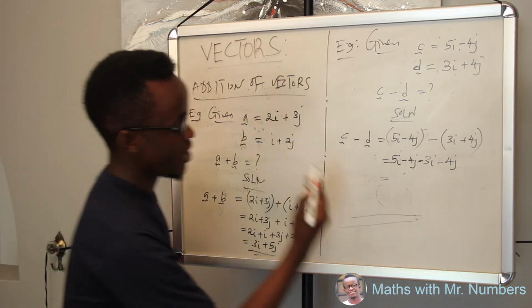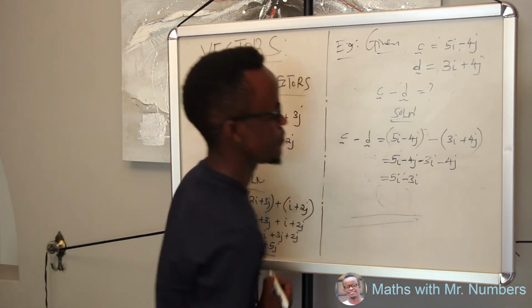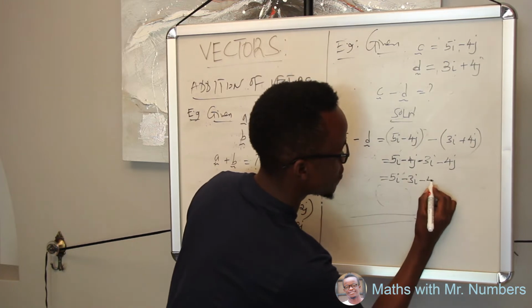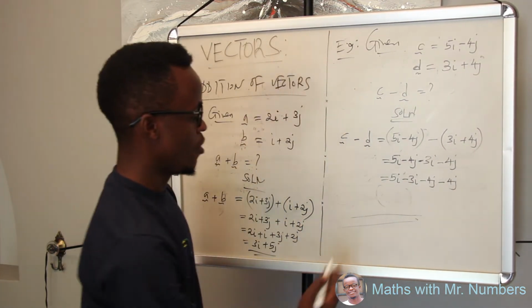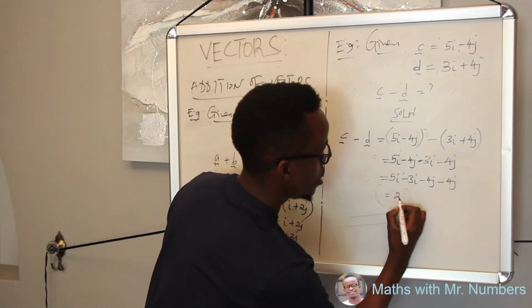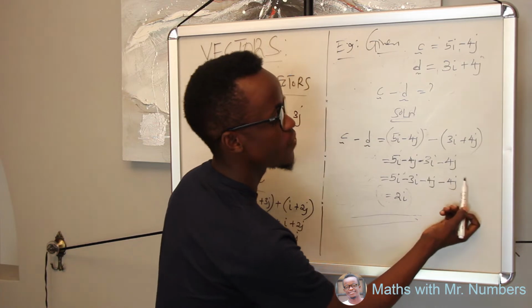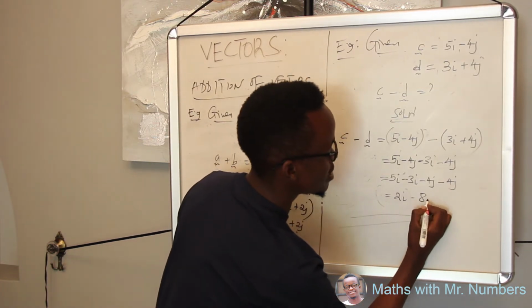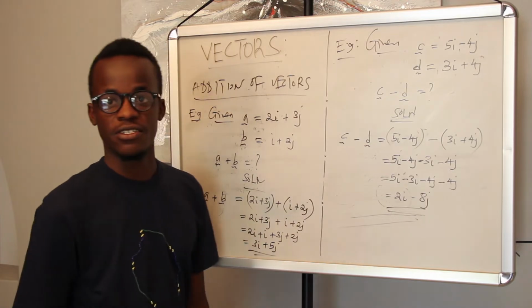Therefore, 5i minus 3i equals 2i. But minus 4j minus 4j again gives you minus 8j. This is how to deal with subtraction in vectors.